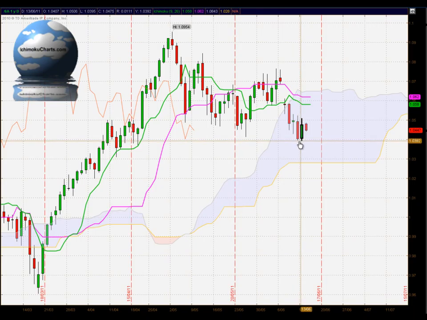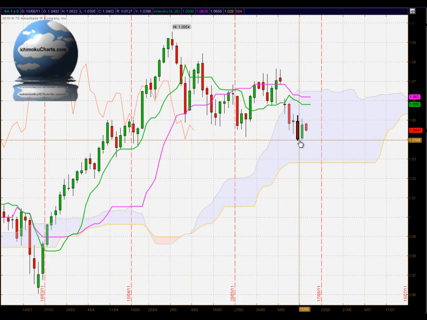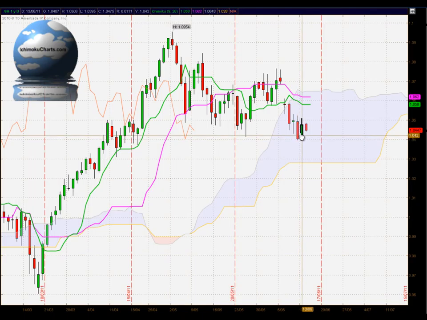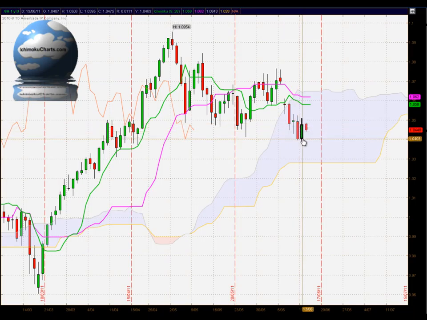They don't have to be at exactly the same area, but within the same region, and that's at around 104. So that's a potential tweezers bottom bullish reversal pattern, and it's also a potential harami reversal pattern where we have the downtrend, a large red body, and the body of the current candle is within the body of the previous candle, so very strong potential for a change of trend to the upside.